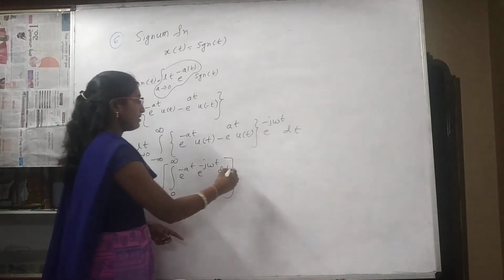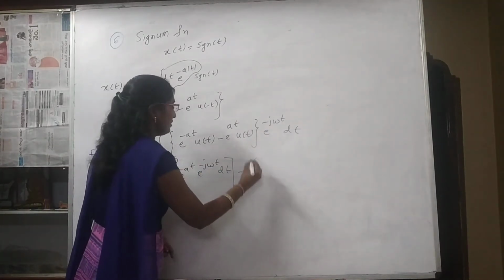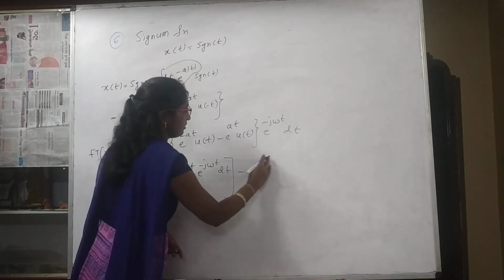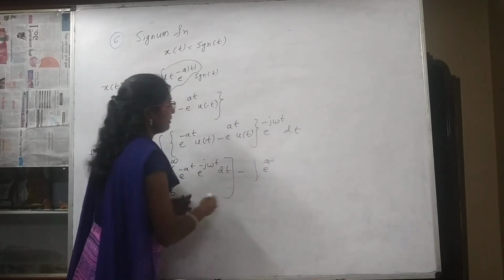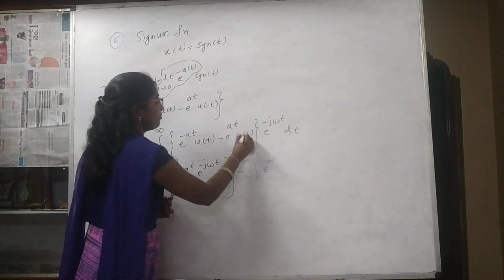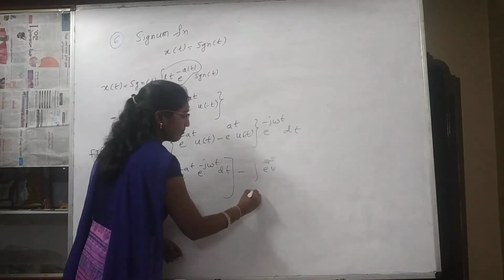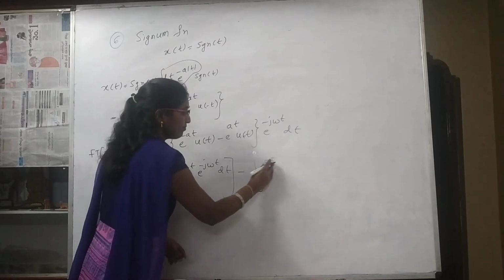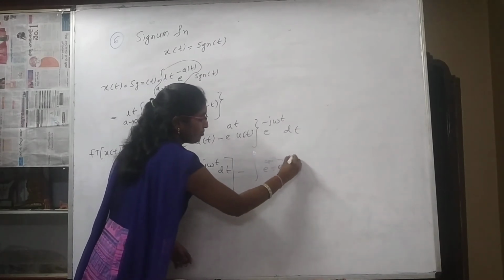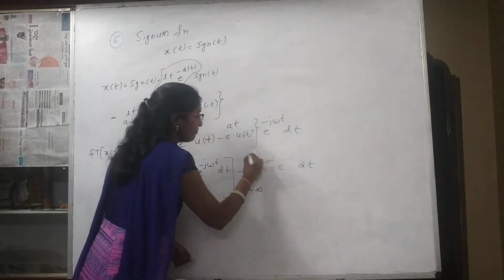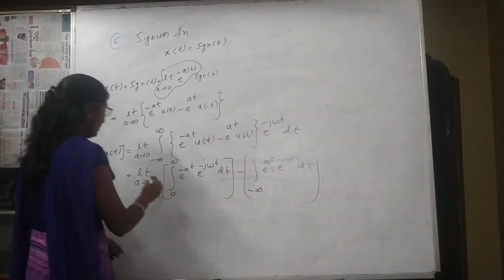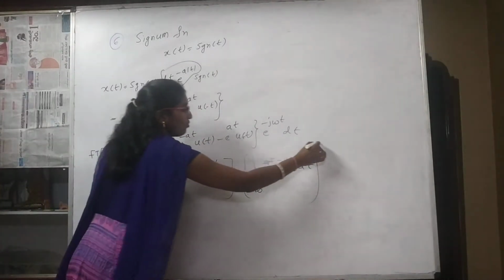And next this side minus integration e power a t and u of minus t. When will u of minus t be 1? From minus infinity to 0. E power minus j omega t dt. This is the second term and this limit is for overall.